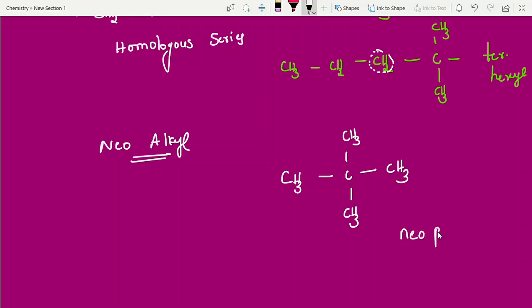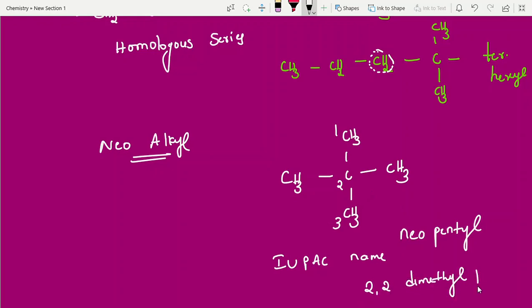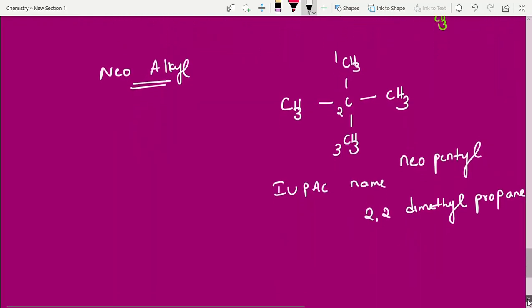How many carbons totally? 5 carbons. Its IUPAC name also plays an important role. I am writing: longest chain we have to select, 1, 2, 3. So substituents here, 2,2-dimethyl propane.